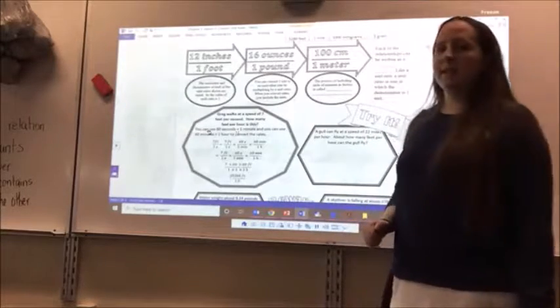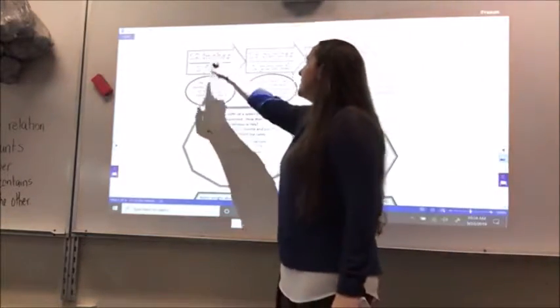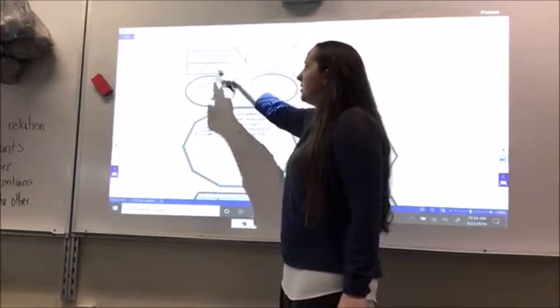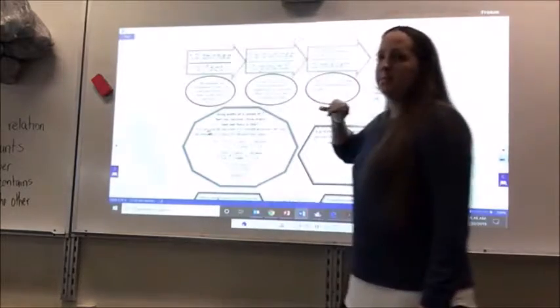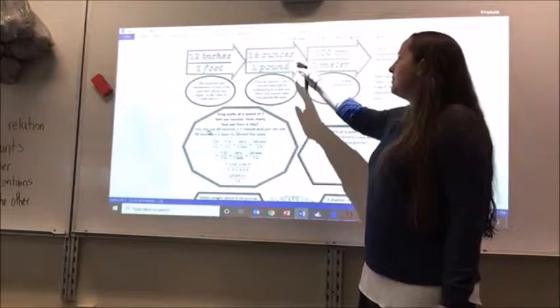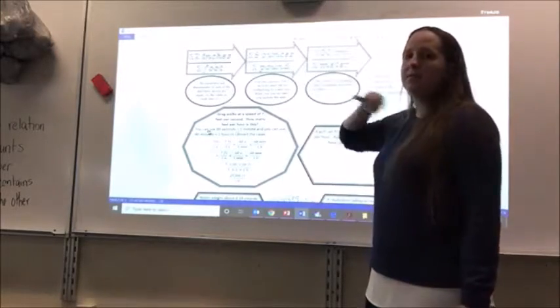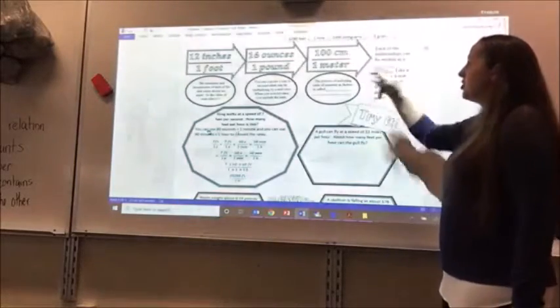The first thing that I'm going to look at is these arrows right here. It says 12 inches over a foot, because 12 inches equals a foot. Then I have 16 ounces over a pound, 100 centimeters over a meter.